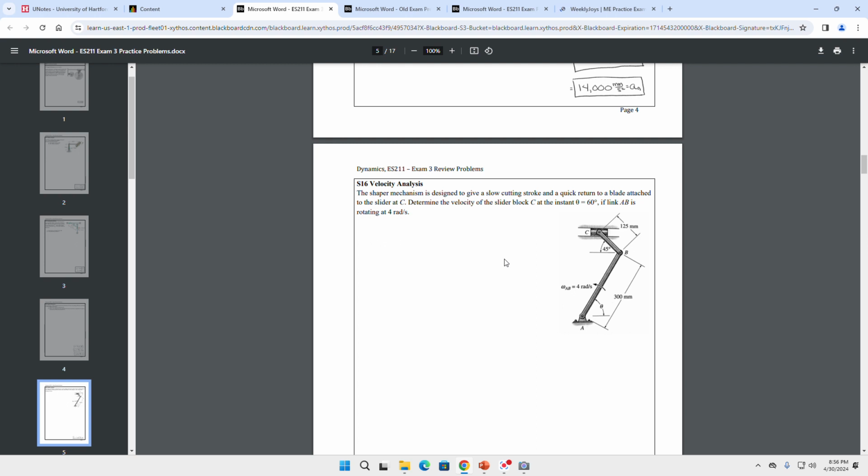But the impact one is usually going to be some collision involved with an object. And almost always it's going to be a particle that's colliding with the rigid body, because I wouldn't want to have two rigid bodies colliding together. It makes a long problem.